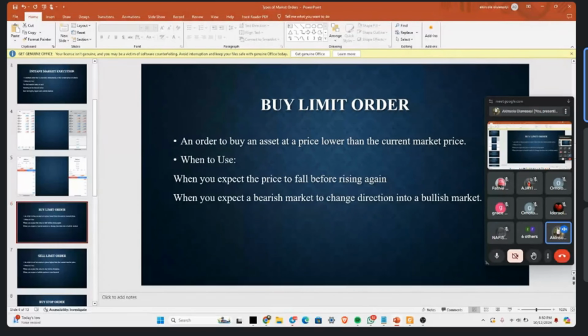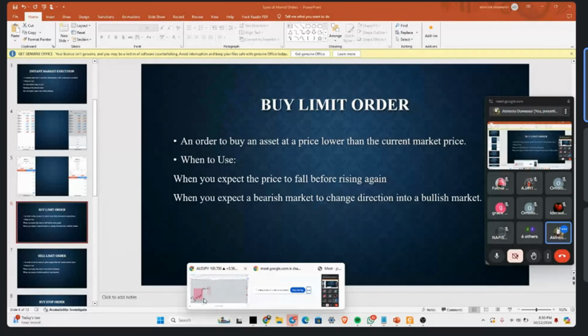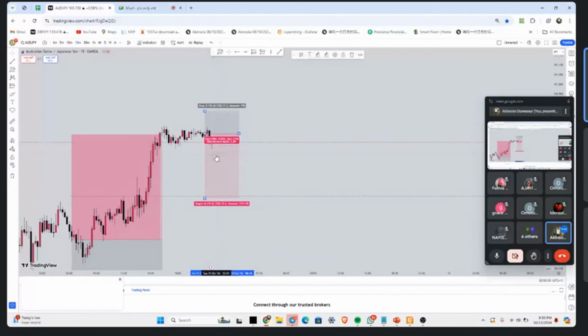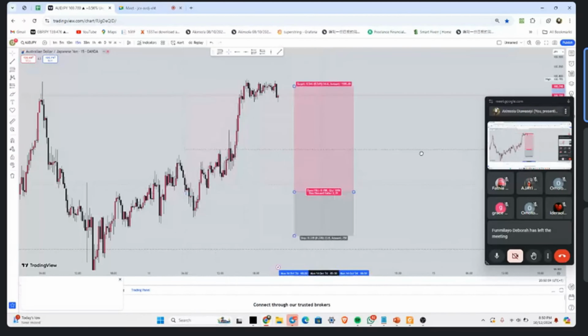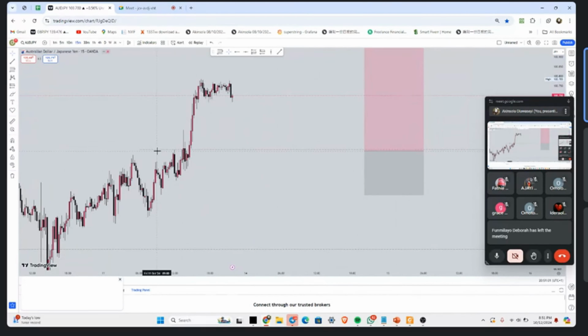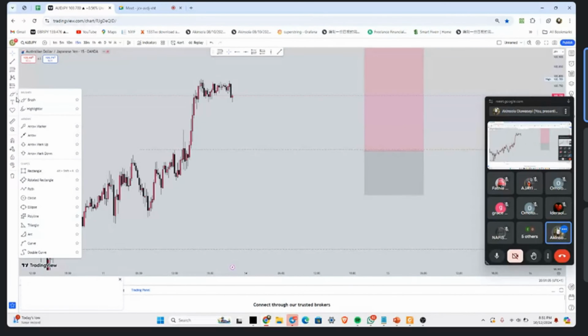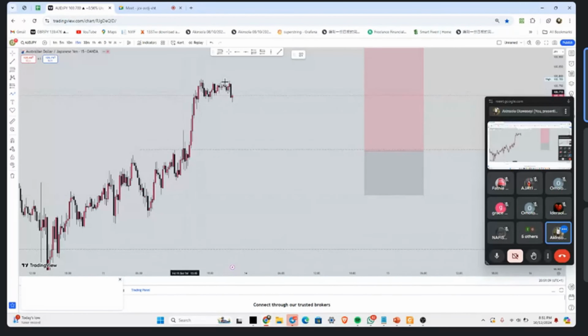Now, for example, check my charts. This is the AUDJPY chart. I will be setting a buy limit for next week if and only if I'm expecting the market to move down and create a move like this.